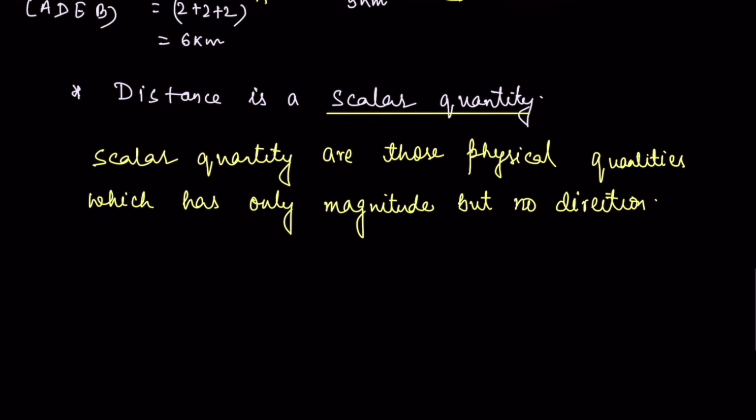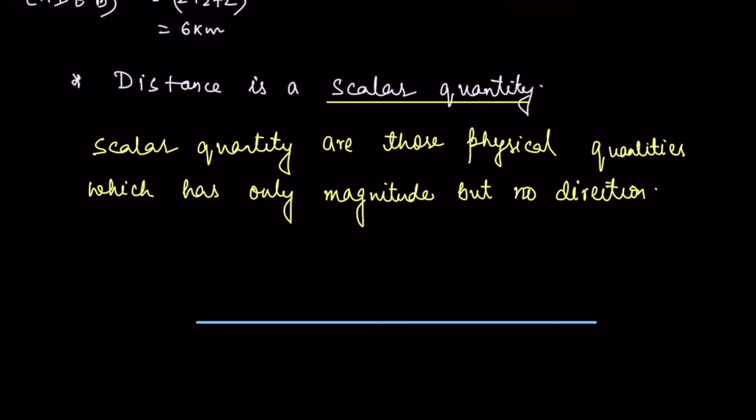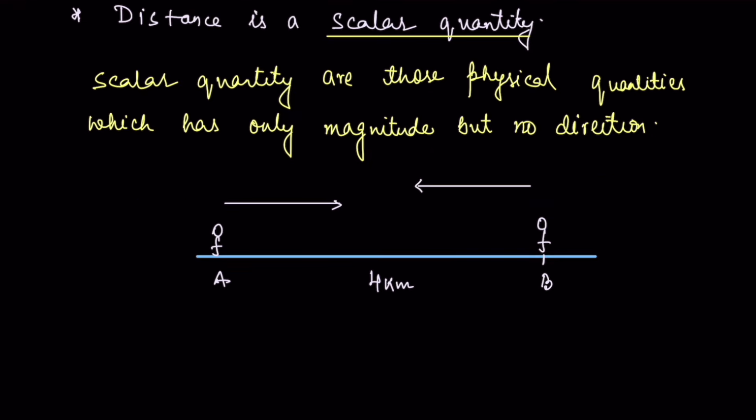Let's take an example for better understanding. Here is a person at position A. This person reaches position B and the distance between A and B is 4 kilometer. And after reaching, the person again comes back to the original position A. So what is the total distance?